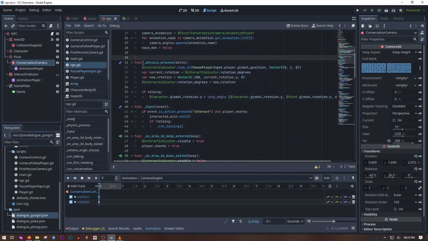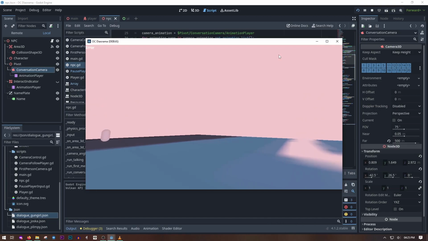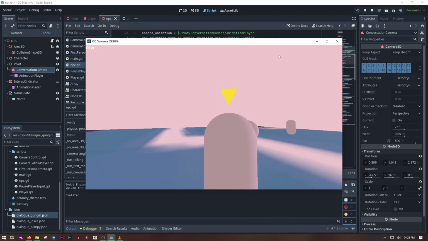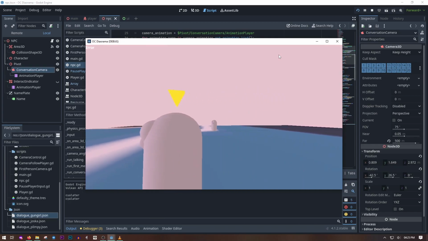Function physics process delta. So every frame, interact indicator, look at player. I kind of don't like this. It kind of looks silly. It looks okay in first person when you're like, oh, it's a triangle, and it's always looking at me. But it's not looking at the camera, it's looking at the player.